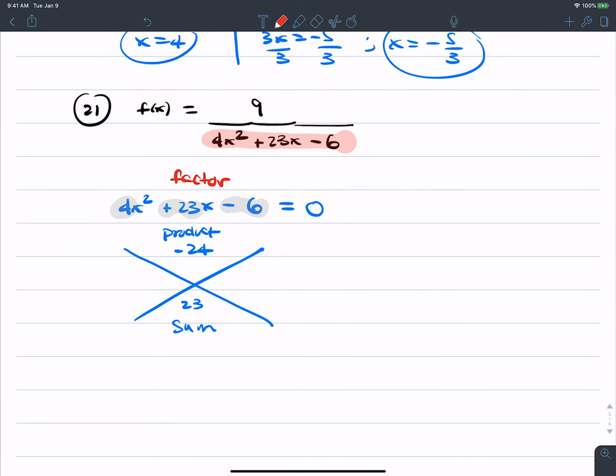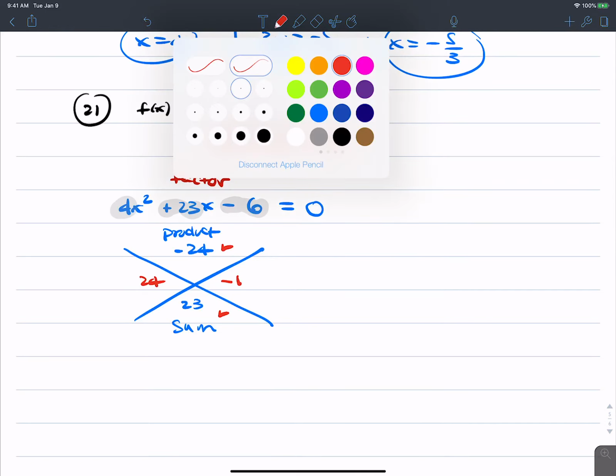So if we think about this, negative 24 and 1, nope, negative 1 and positive 24. Let's double check. 24 times negative 1 is negative 24. 24 plus negative 1 is 23. So okay, these are going to be the numbers.